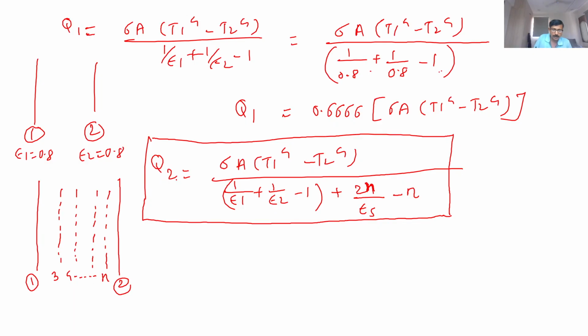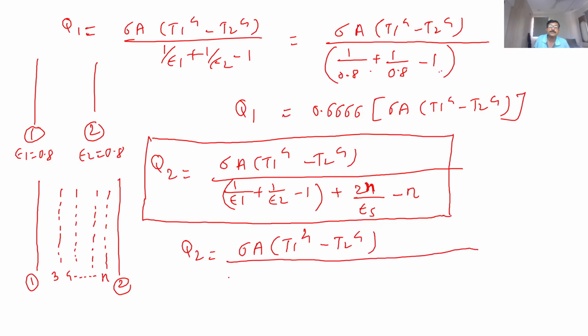So let's start with Q2 calculation. Q2 numerator is sigma, area, and T1 and T2 for both the cases remain the same, so I am not substituting the values.